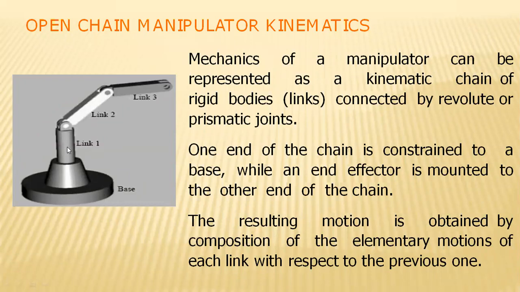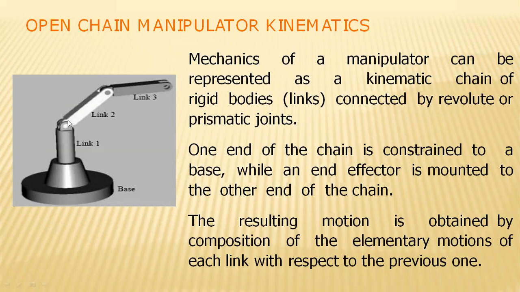This is link 1, this is link 2, and link 3. The end effector will be fixed here. And if a rotation of 30 degrees is commenced here, there will be a change in the position of the end effector from this position to this position. Initially x1, y1, z1 will be like this, and after rotating by theta 30 degrees, the end effector values are x2, y2, z2.